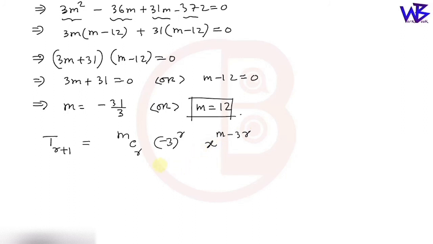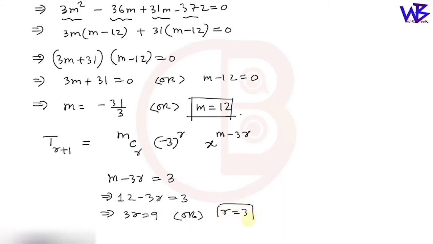For x to the power m minus 3r to be x cube, we need to make m minus 3r equal to 3, which indicates, if I put the value of m here, 12 minus 3r is equal to 3, which indicates 3r is equal to 9, or r is equal to 3.